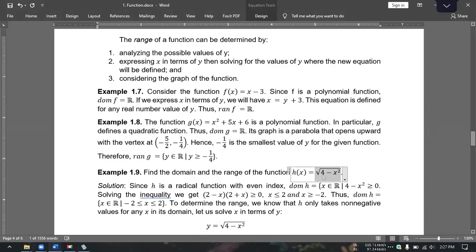Dapat positive lang siya or is equivalent to 0. Our radicand must not be equivalent to a negative value. So that is our restriction.